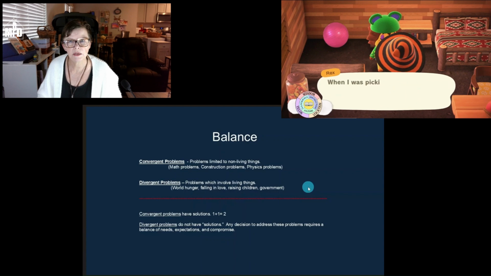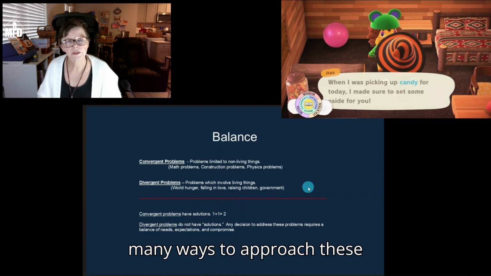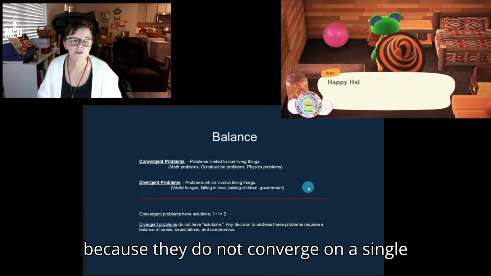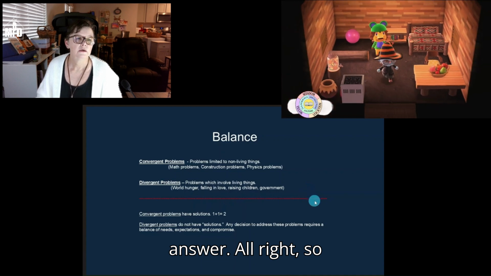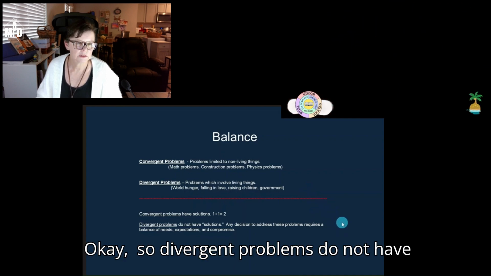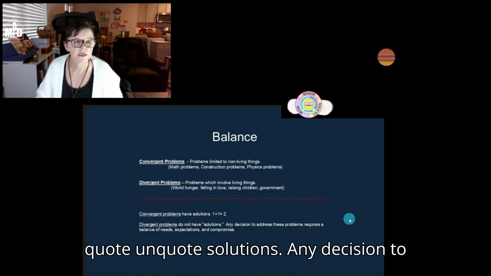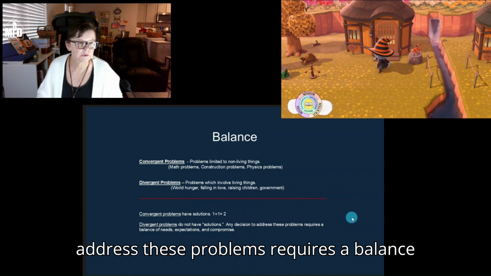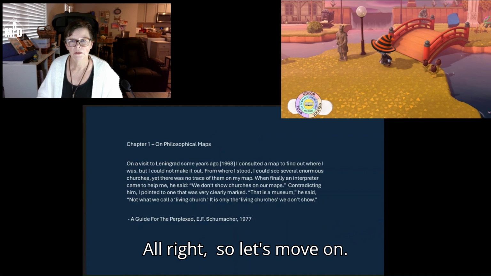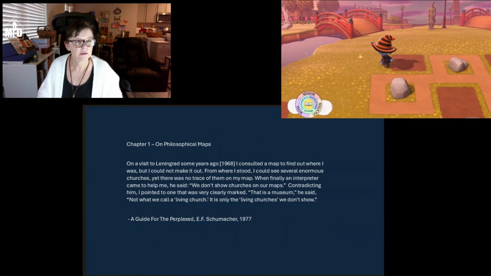There are many, many ways to approach these problems, and they are divergent because they do not converge on a single answer. So divergent problems do not have, quote unquote, solutions. Any decision to address these problems requires a balance of needs, expectations, and compromise. All right, so let's move on.